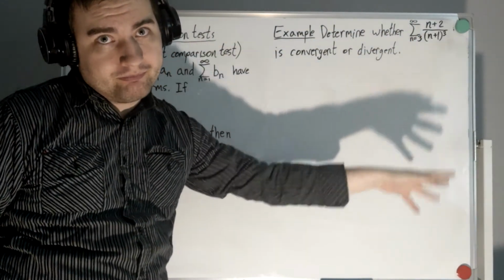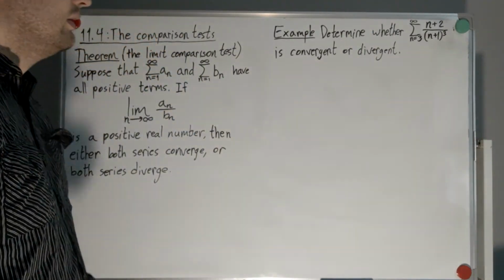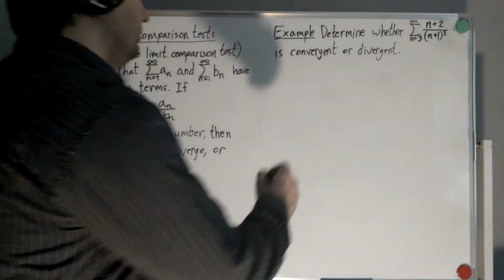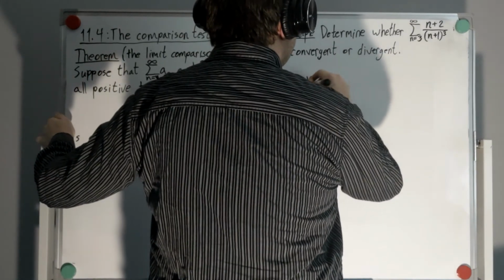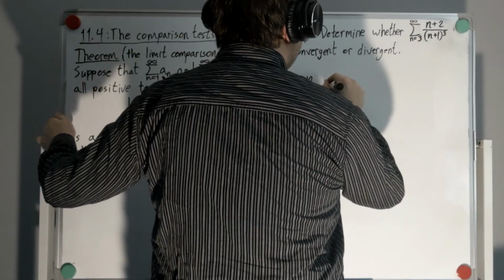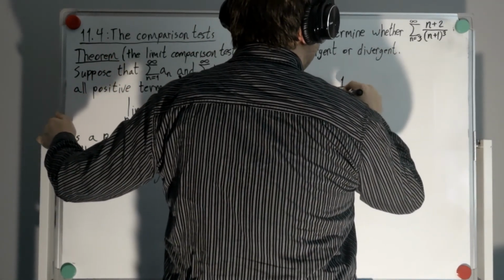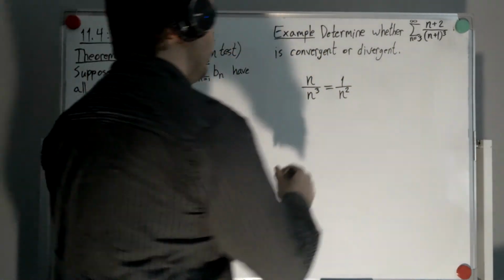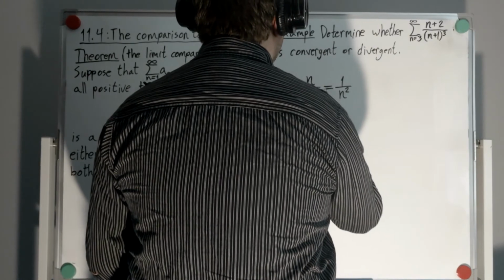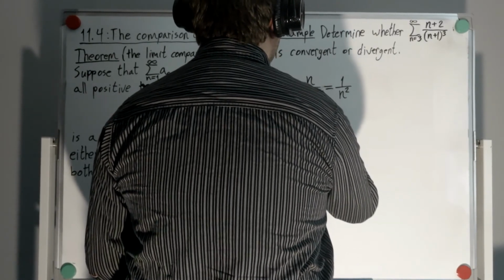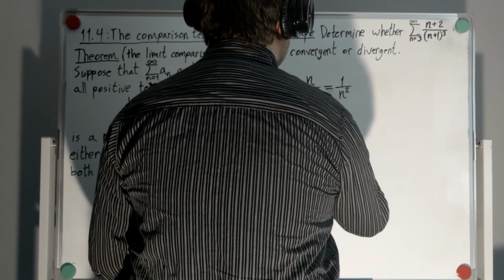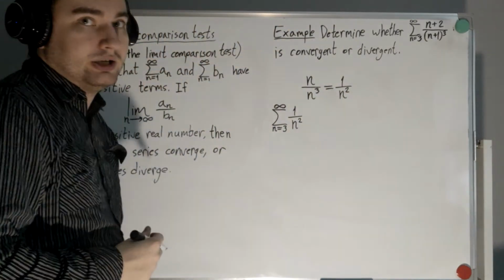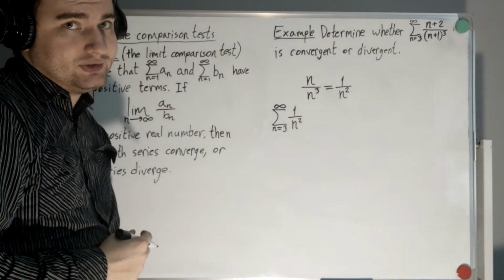Both of them were gone. If that were the case, then we would end up with n divided by n cubed, which is the same as 1 over n squared. Now, the sum from n equals 3 to infinity of 1 over n squared, this is a convergent p-series.